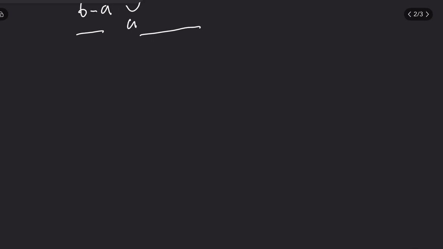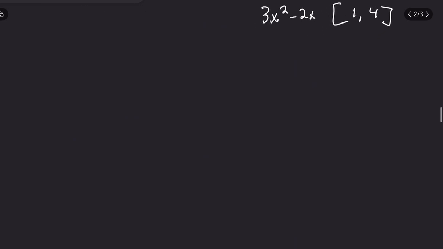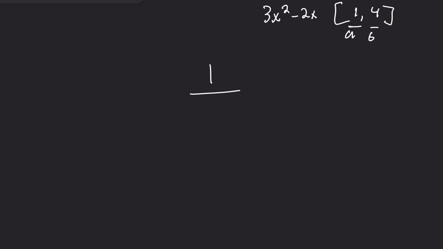For this one, we're going to do 3x squared minus 2x on the interval from 1 to 4. So how would we do this? So this is going to be our a, this is going to be our b. So we're going to take 1 over b minus a times the integral from a to b of f of x dx.